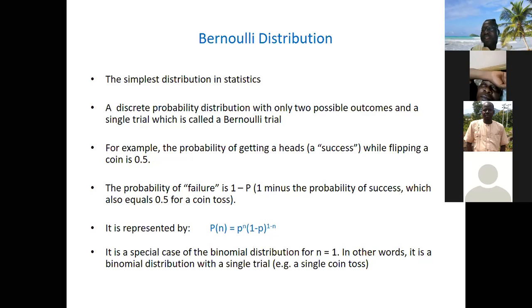That is binomial. If I'm meeting 2 people, what is the probability that both of them are female, or one of them? That is binomial also. But once you are talking of only one variable that has 2 possible outcomes, and it's only one person, that follows the Bernoulli distribution.